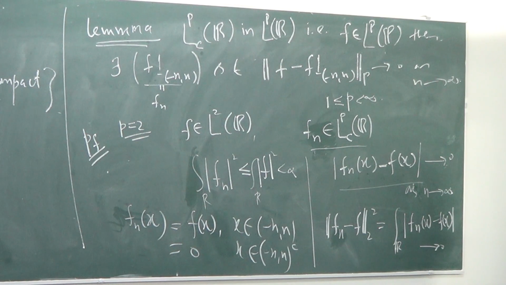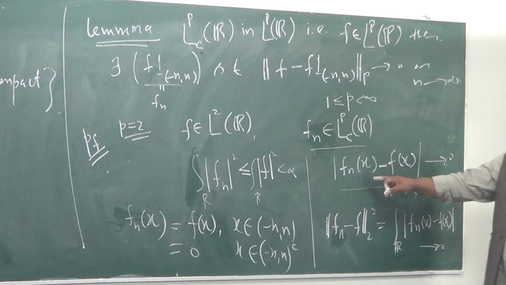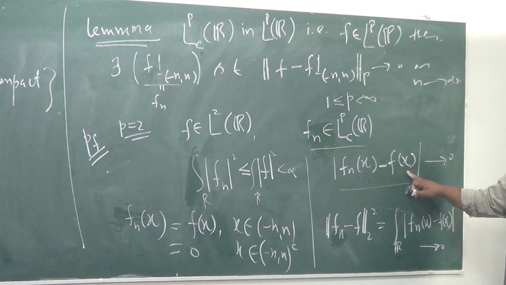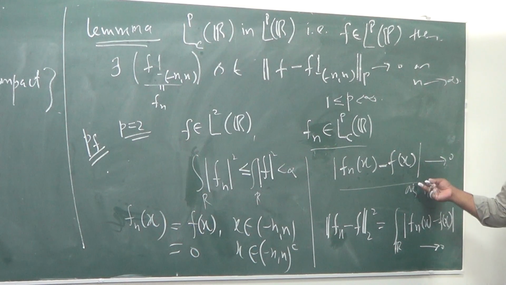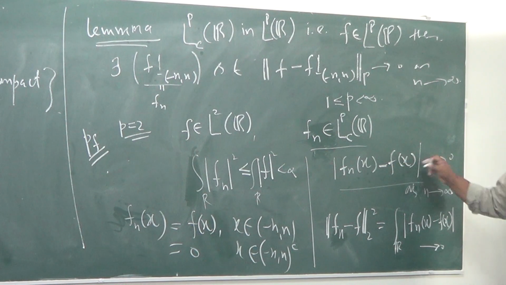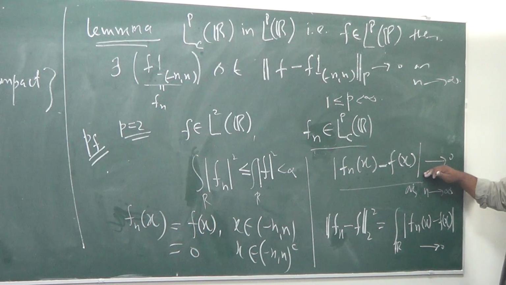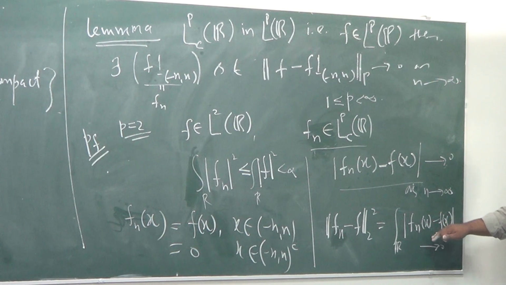There is a result in measure theory, which I'm not going to use, which says that if a sequence is pointwise converging and satisfies some condition, then their integrals are also going to converge to each other. We have seen such results in real analysis, that if the integrand goes to 0, then the integral intuitively goes to 0.